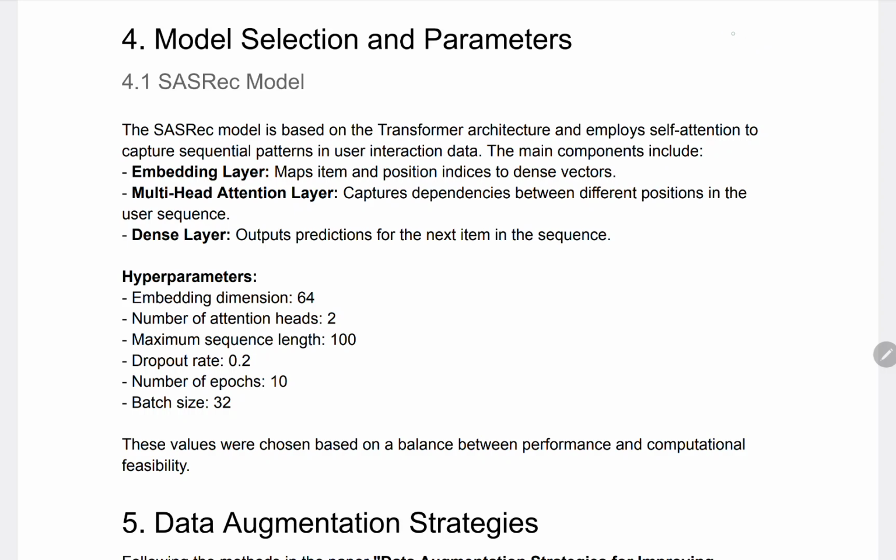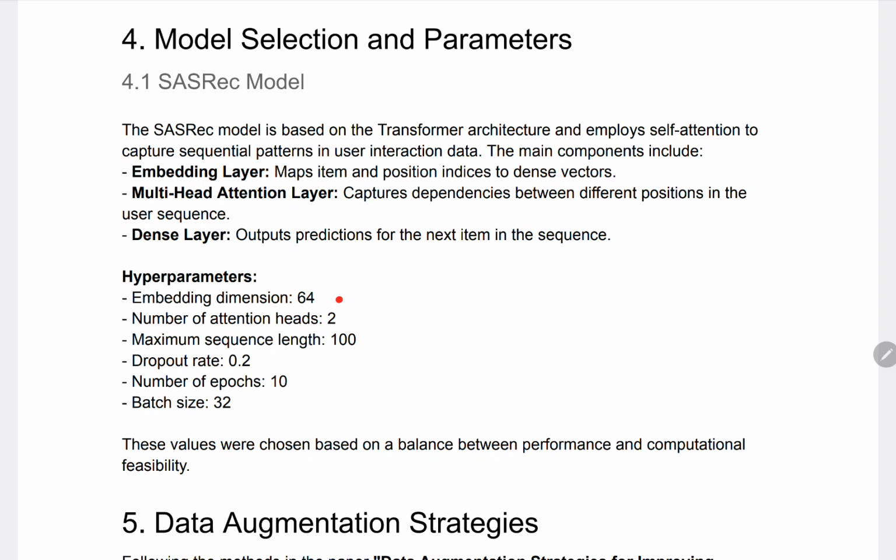It has three main components: embedding layer, multi-head attention, and dense layer. The embedding layer transforms item IDs and their positions into meaningful vectors, whereas multi-head attention captures relationships between items at different positions in a sequence, and the dense layer predicts the next likely item in the sequence.